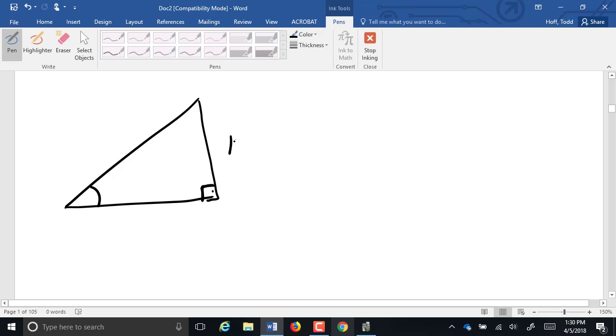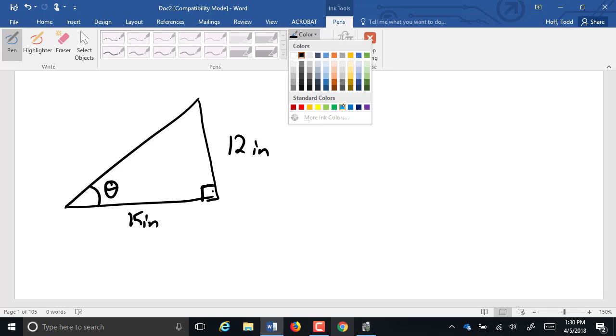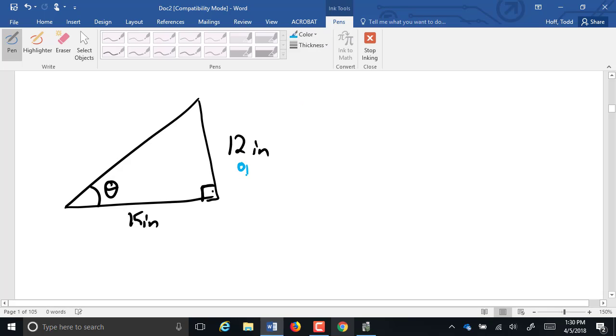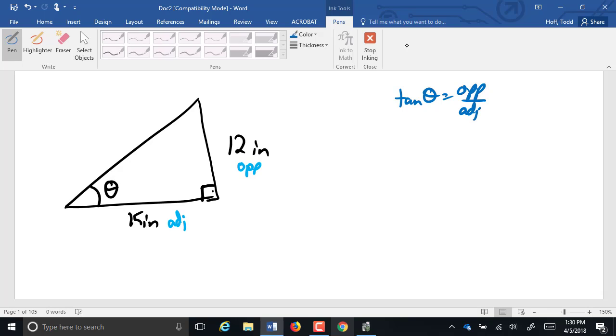If this here is 12 inches and this down here is 15 inches, what's this angle here have to be? Well, this is the opposite side and the adjacent side. What trig function is that? Tangent. So I fill in what I know. Tangent, the angle is what I'm looking for here.